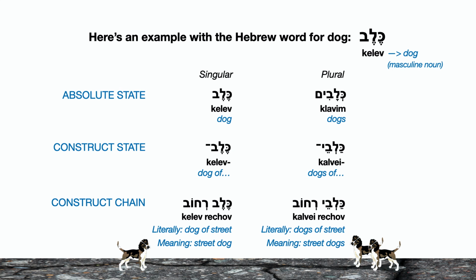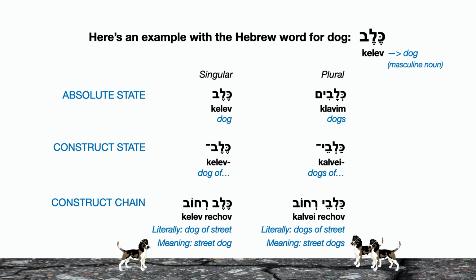Now, when dog or dogs are used to form a construct chain, they will adopt what we call their construct state. So the construct state of dog, kelev, is still kelev. It's still spelled as kelev, but it changes in its meaning. Its meaning would be "dog of" when it is combined with another word.